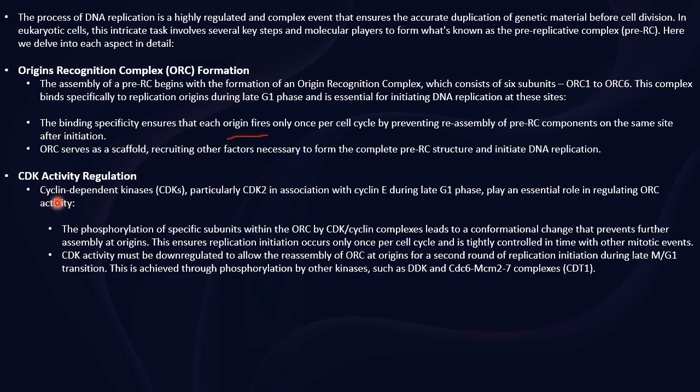In the cell cycle, many CDK and cyclin pairs play a role in many different processes, and one among them is CDK2 and cyclin E during late G1 phase. What they do is phosphorylate specific subunits of ORC.